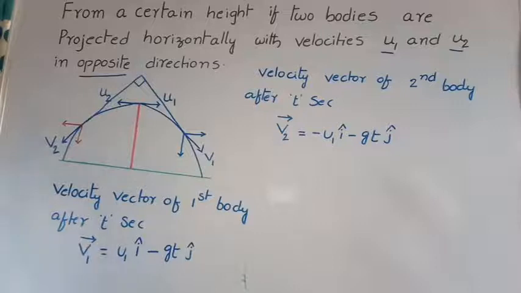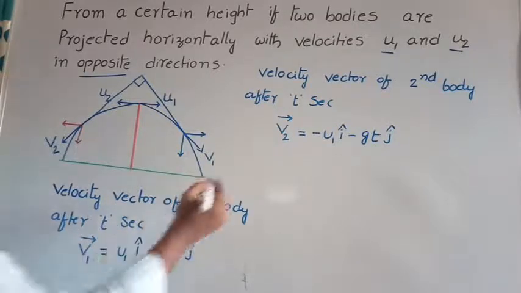What we have to calculate is the time after which the velocity vectors are perpendicular. If two vectors are perpendicular, then the dot product between the two vectors is equal to 0.